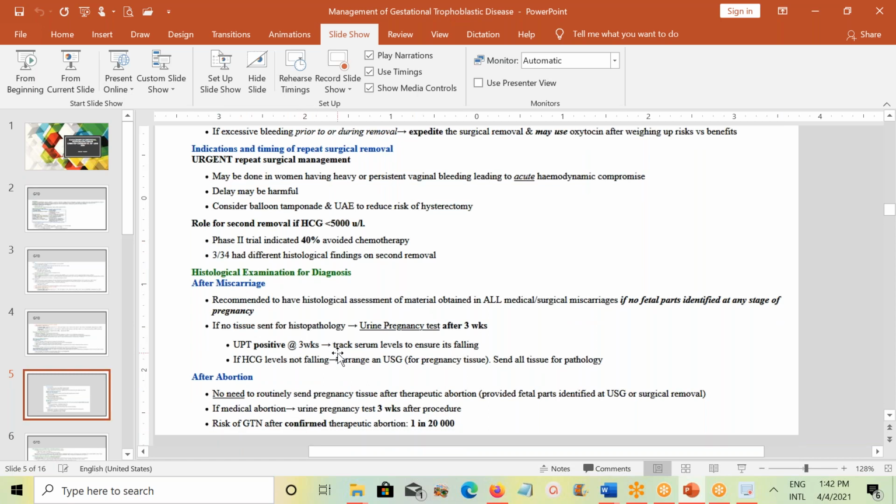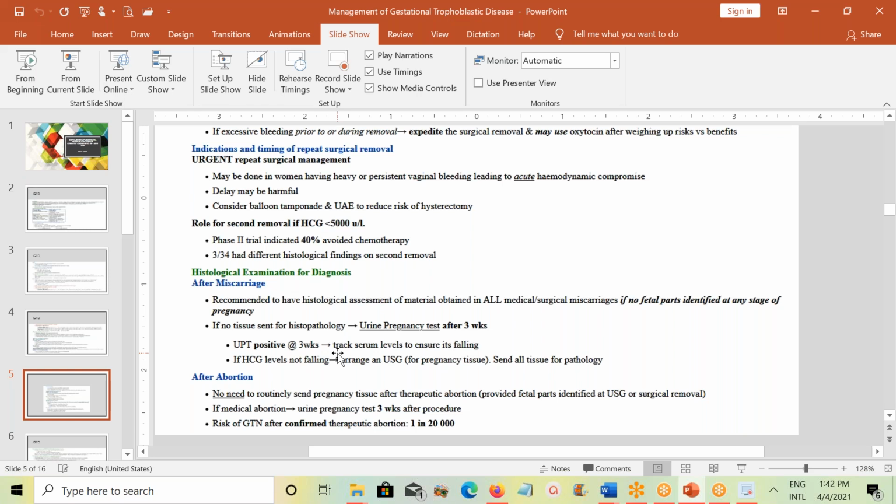You did the first evacuation and the histopathological examination, and you classified on the basis of histological examination. You said that she has a molar pregnancy, a complete mole.